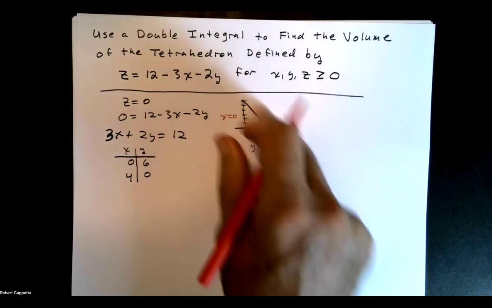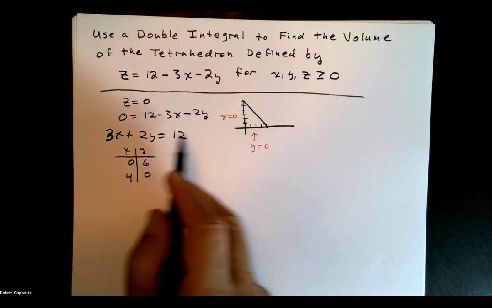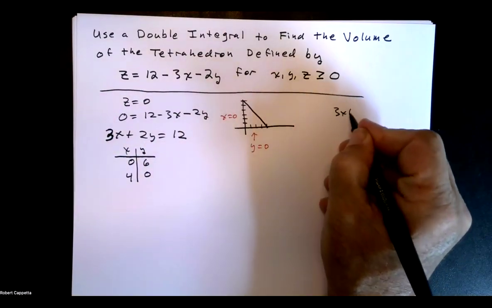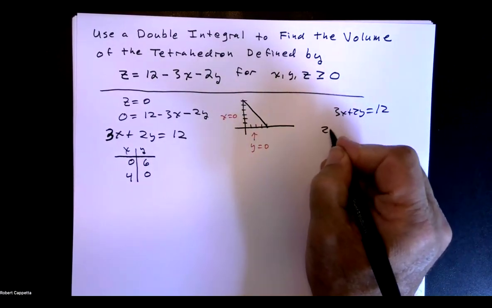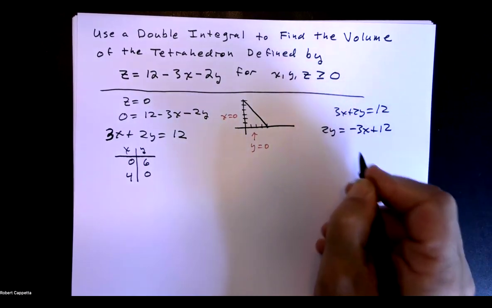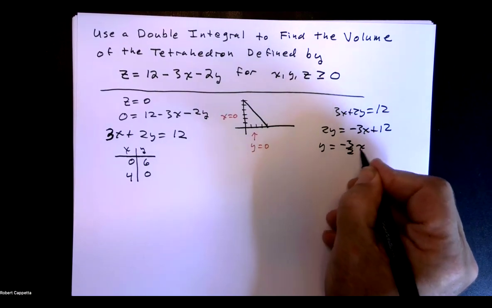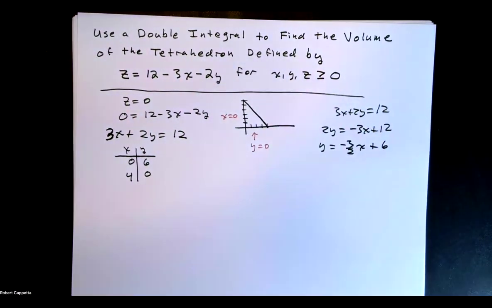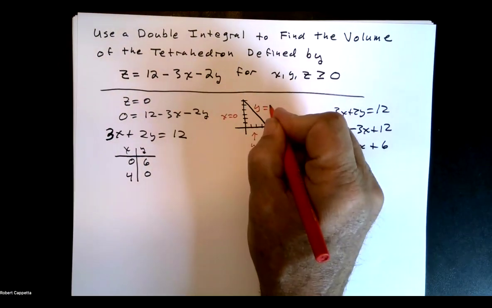And the border on the side, of course, is that line 12 minus 3x minus 2y equals 0, or 3x plus 2y equals 12. So solving this, 2y equals negative 3x plus 12, and dividing by 2, y equals negative 3 halves x plus 6. So that's this border.